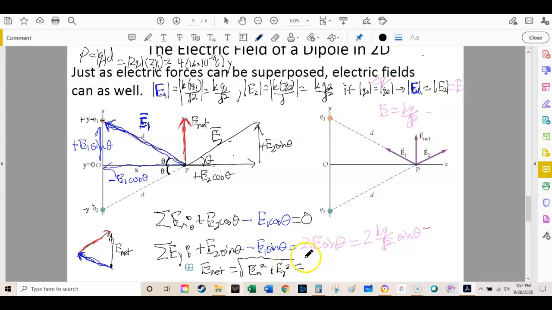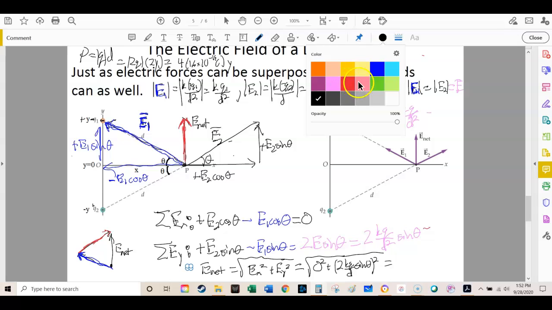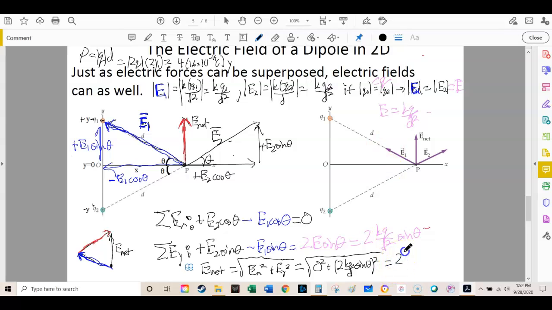Well, E in the x direction squared is going to be equal to 0 squared, and the y direction squared is going to be 2KQ over D squared sine of theta, squared, and then you're going to take a square root of that. So E net is going to be equal to 2KQ over D squared sine of theta.